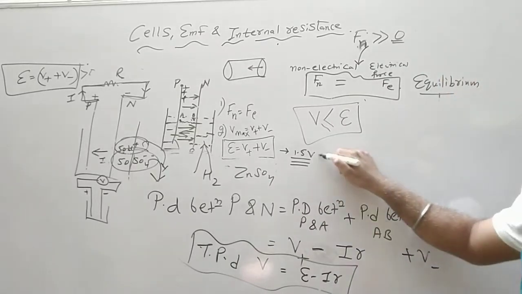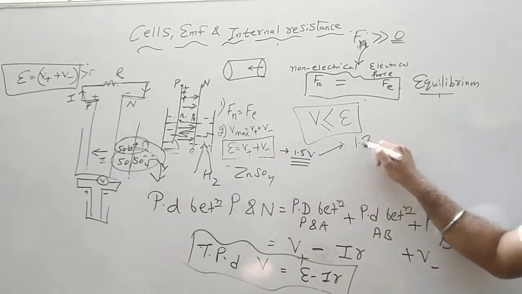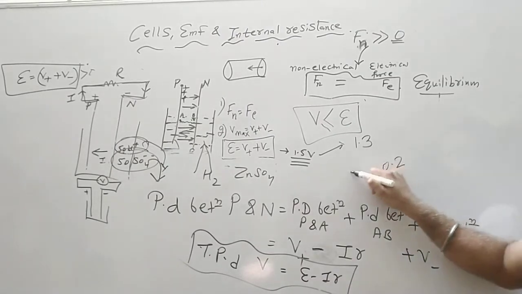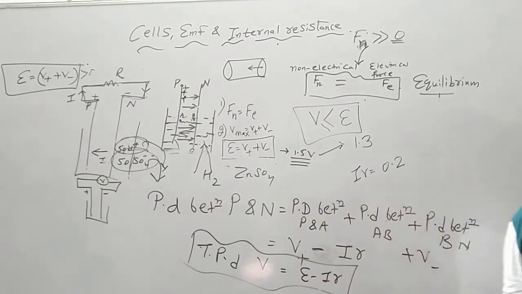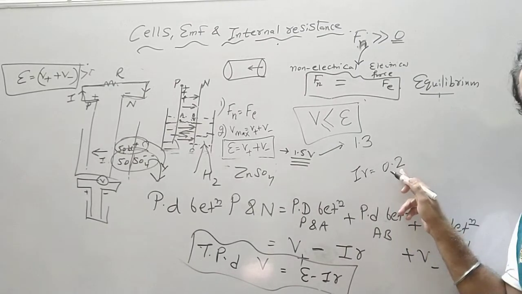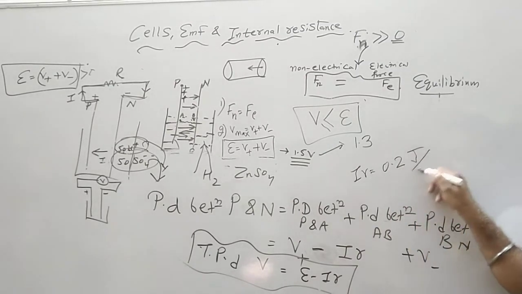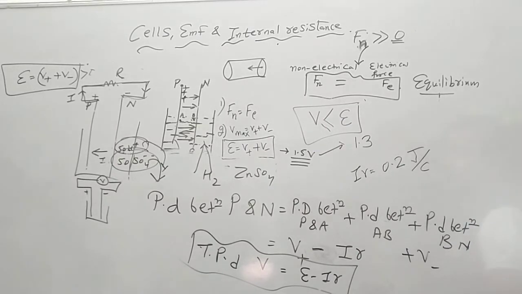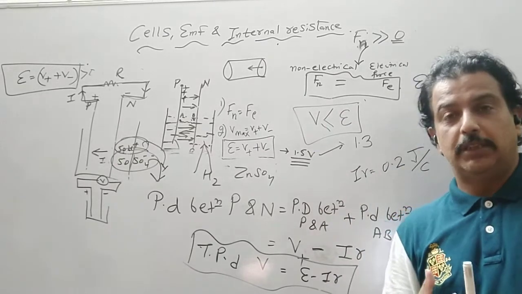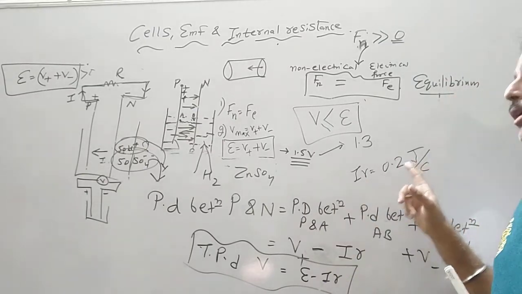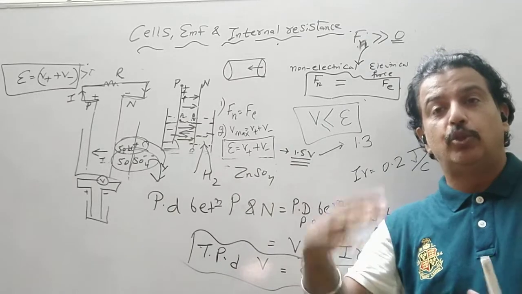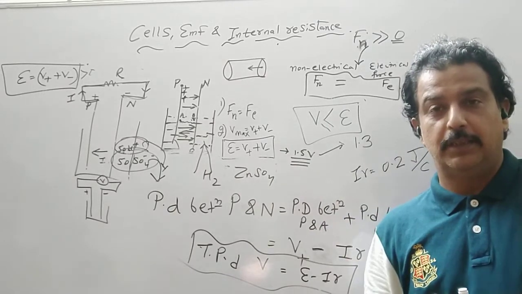So if using the voltmeter I get a value of 1.3 volt, where has this 0.2 volt gone? It is IR, equal to 0.2 volt. So this much joule per coulomb is required to overcome the opposition. So 0.2 joule per coulomb of energy is required by the ions inside to overcome the opposition.